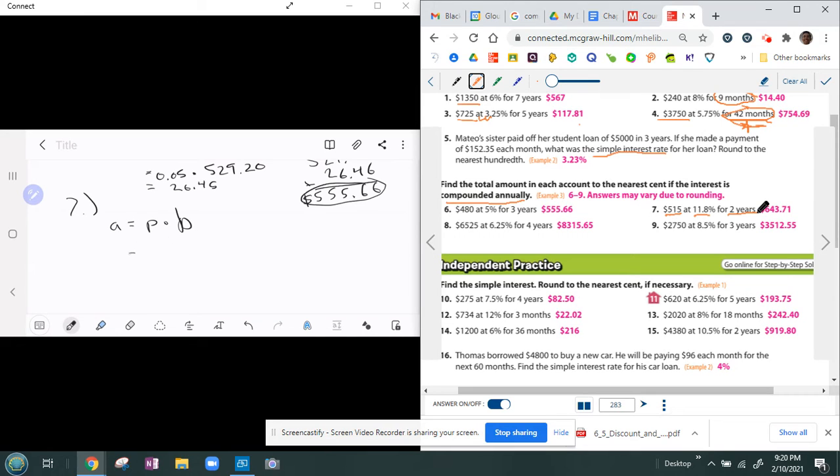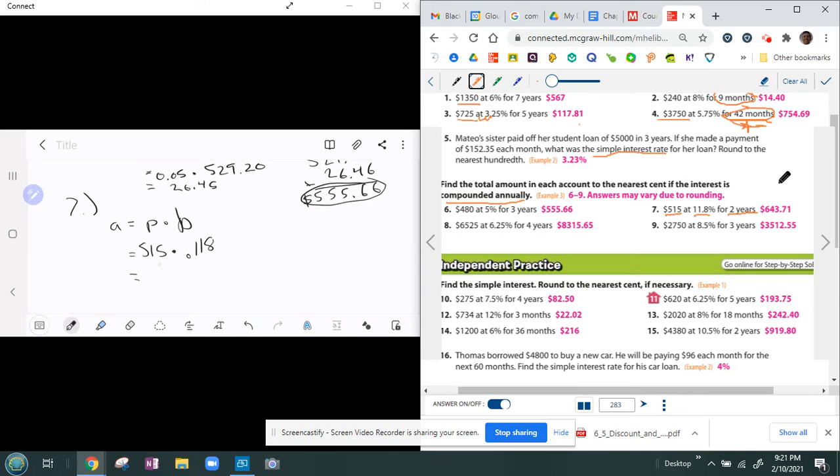All right, our principal is 515. We're going to multiply that by 0.118. All right, and this is going to give us our interest. Okay, 515 times 0.118.